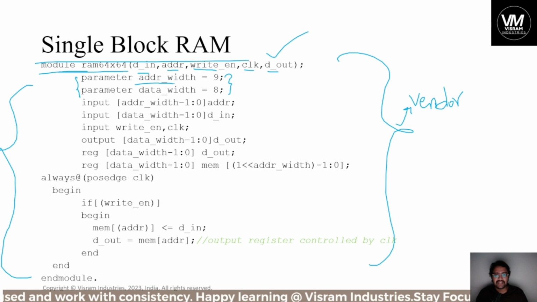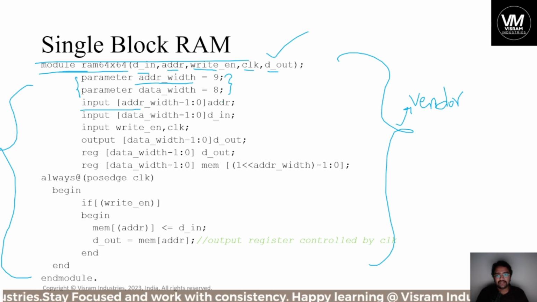So when you write address width as 9 in the entire bigger design, if you are using this BRAM of 64 by 64, you will never forget: what is the address size that I need to mention? It is 9. And what is the data width I should mention? How many data bits it should transfer? 8 bits of data, like 1 byte.